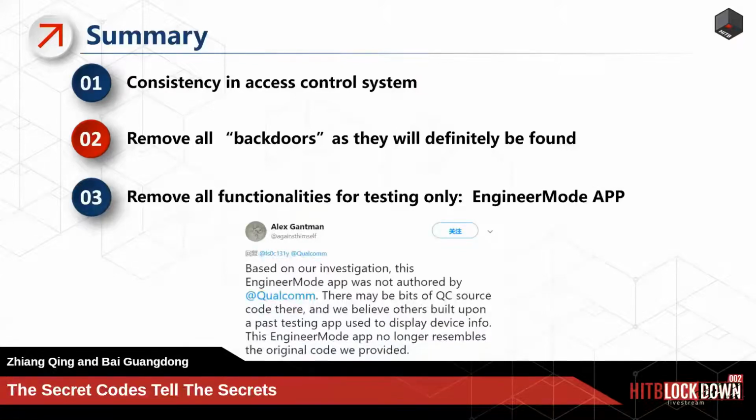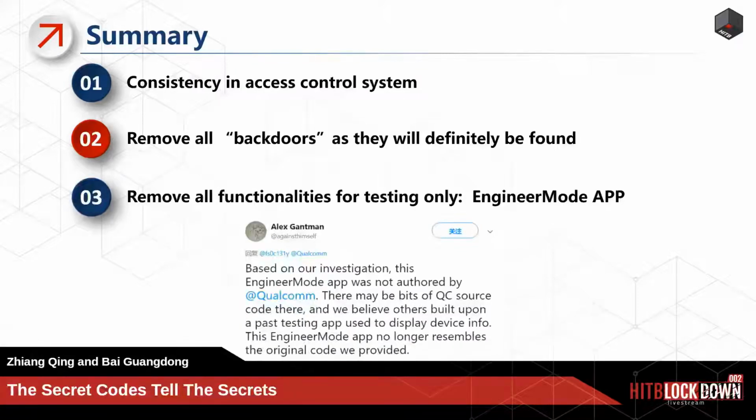And last, remove all the functionalities for testing in the factory, for example, the engineer mode app. Basically, they are just used for efficiency in the factory. There is no sense in giving them to normal users.